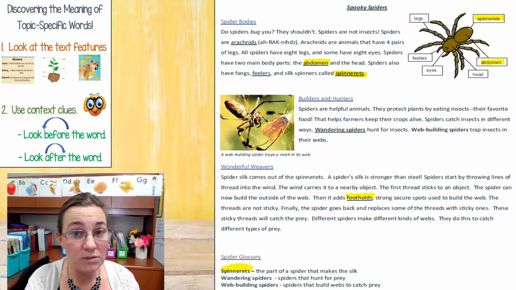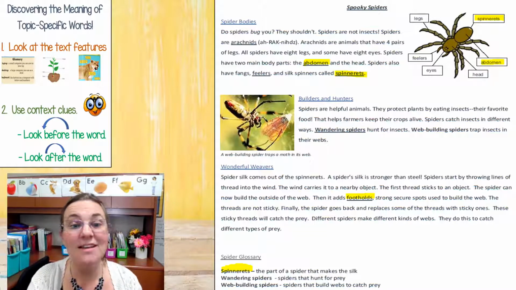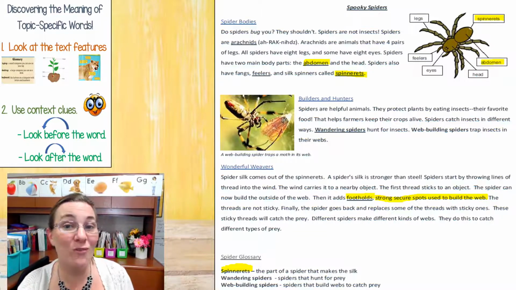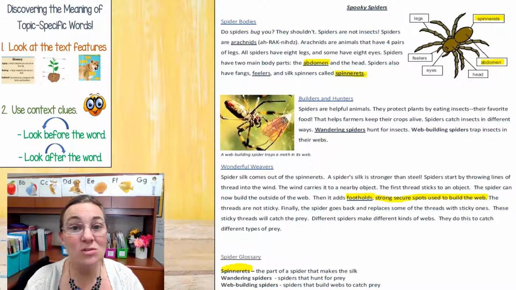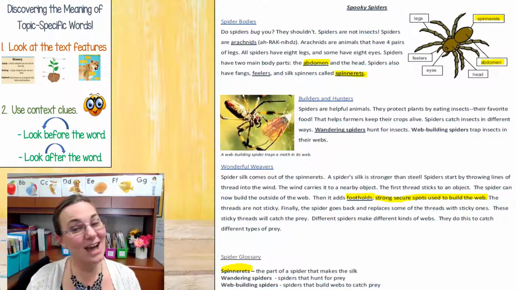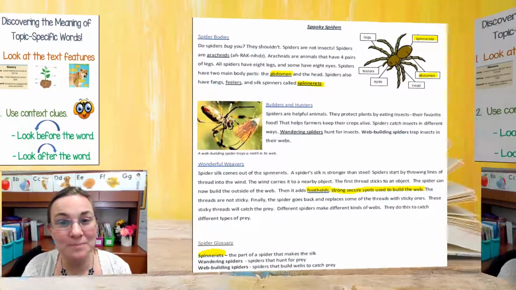Did that give me a clue to the meaning of the word footholds? It sure did. Look at that. It told me that they are strong, secure spots used to build a web. Now I know what footholds means. That's how you look before the word and then after the word to help you figure out its meaning.